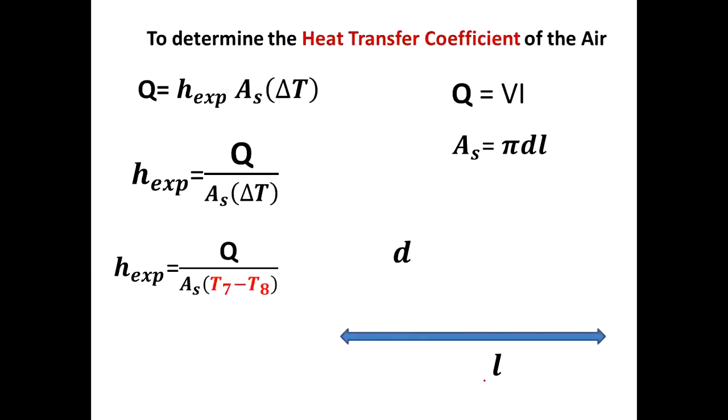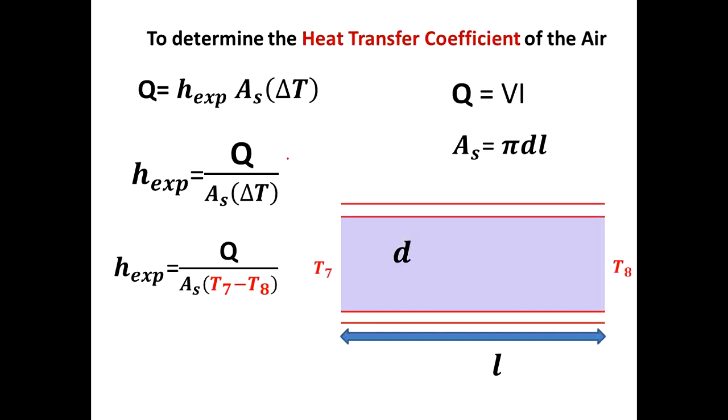Determination of heat transfer coefficient of air by experimental method. Here air comes in at T7 and goes out at T8. Take the temperature difference: delta T is equal to T7 minus T8.